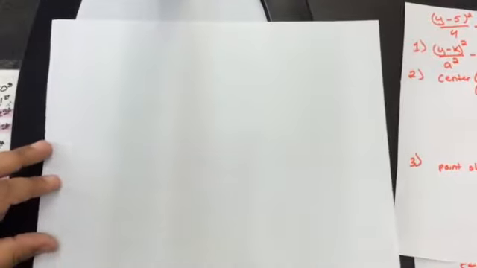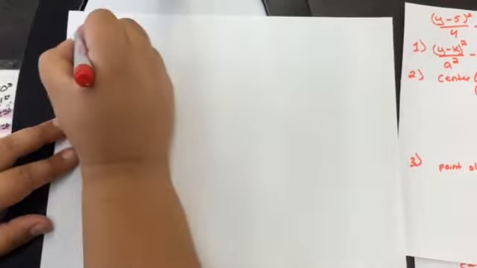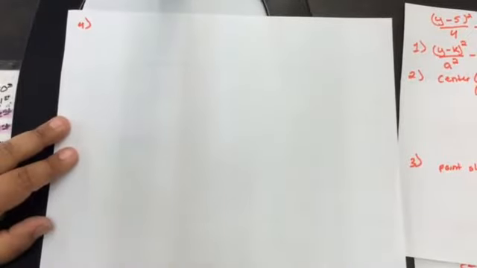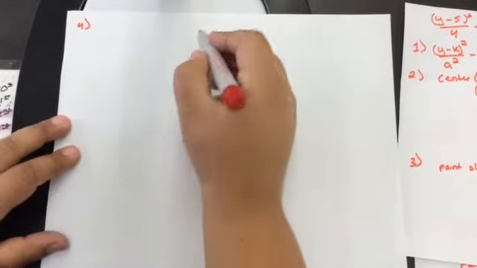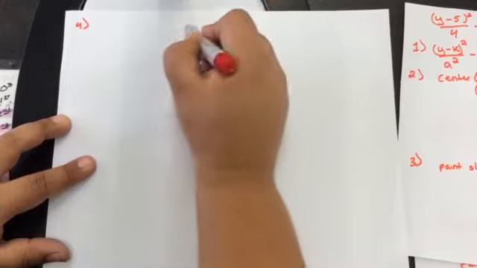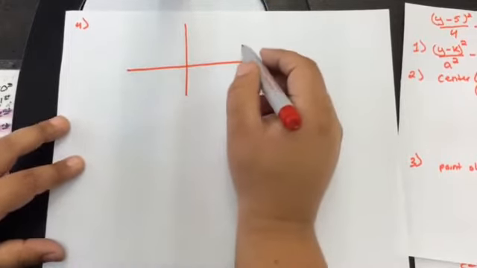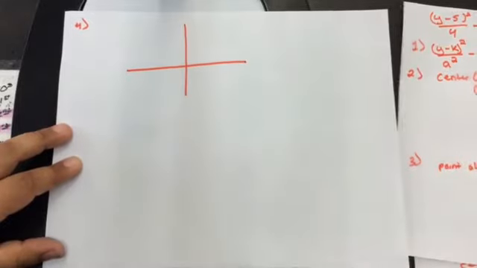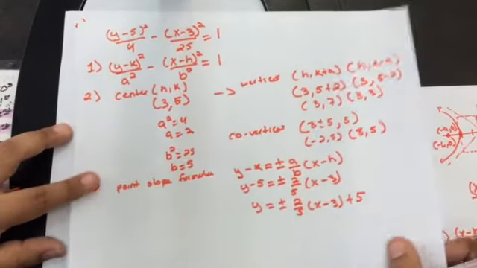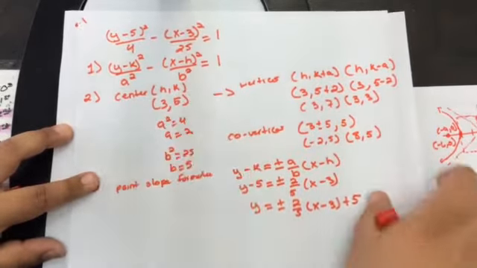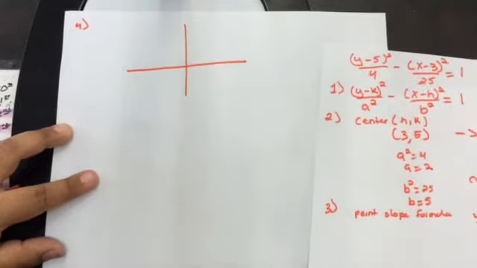Now we can draw. First, we're going to draw a box, and we're going to use the vertices and co-vertices. So we're going to start at the center, 3 and 5.